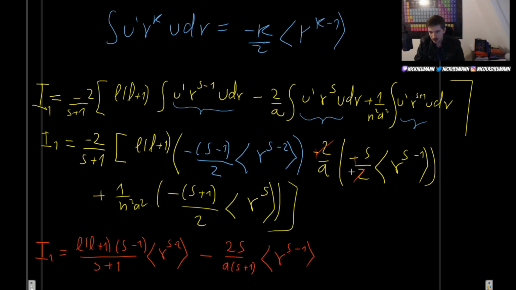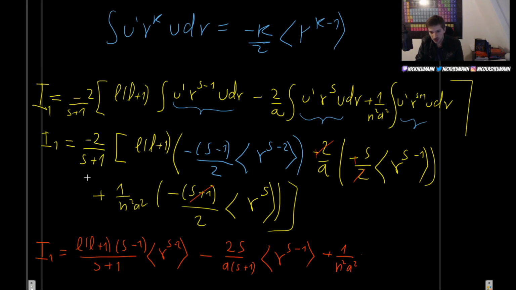Let me double check. So these cancelled out. We get a minus sign, 2s, a, s plus 1, and the expectation value. All right, seems good. And finally here we have this minus sign here, which will turn into a plus because of that. This 2 will be cancelled by this one. All right, so we get plus 1 over n squared a squared. Maybe instead of 1 over, I can write s plus 1. Actually, the s plus 1 cancels out, right?